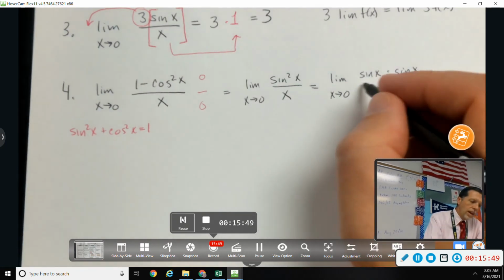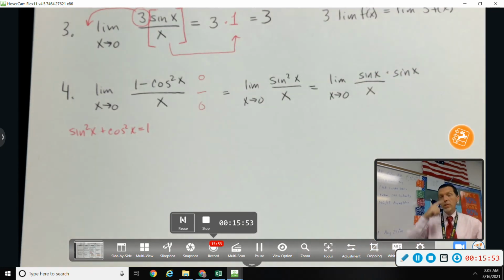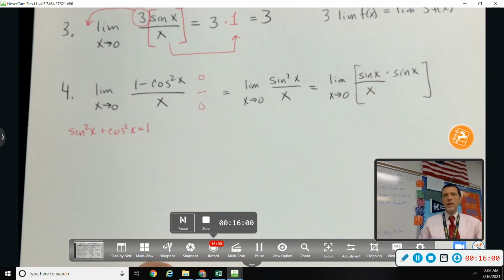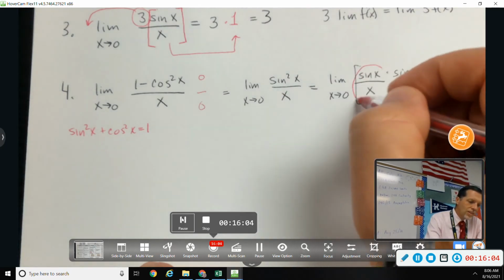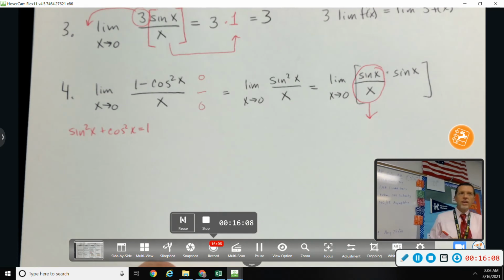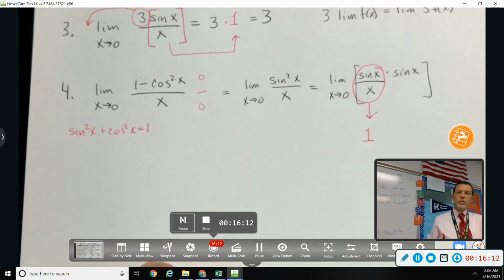And I only have one x in the bottom, so I'll put it under one of them. I can't put an x under both of them because that'd be x squared. This is good because now we have a rule for this. Sine of x over x equals 1.